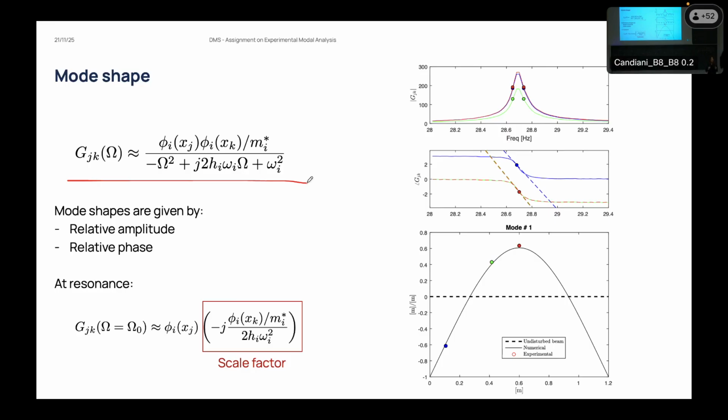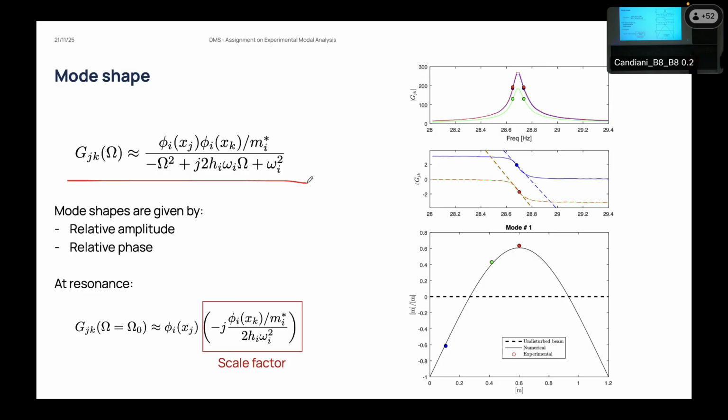What we have in practice is the frequency response function. What we don't know is the mode shape. So we can easily do this, and we will get a number that, considered together with all the others, will give us information about the mode shape of the system.